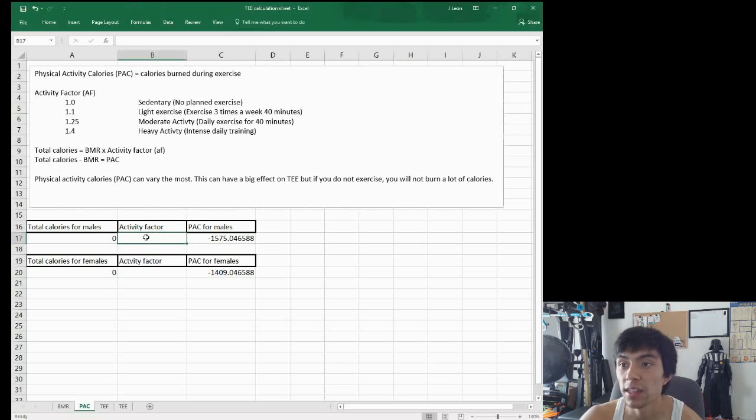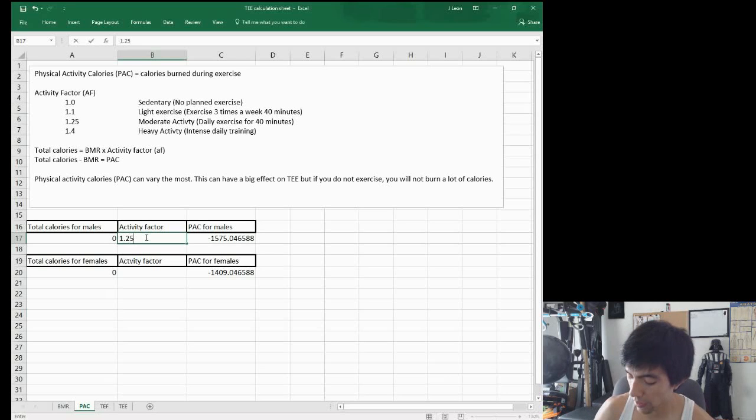So let's just plug in an activity factor. Most of the time I'm exercising 5 to 6 times a week. Not quite 7, but I do exercise 2 hours, an hour and a half. On quick days it's about an hour.